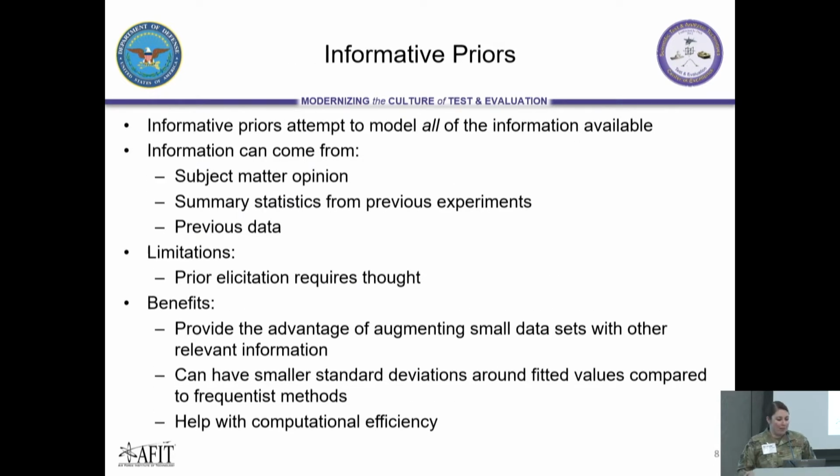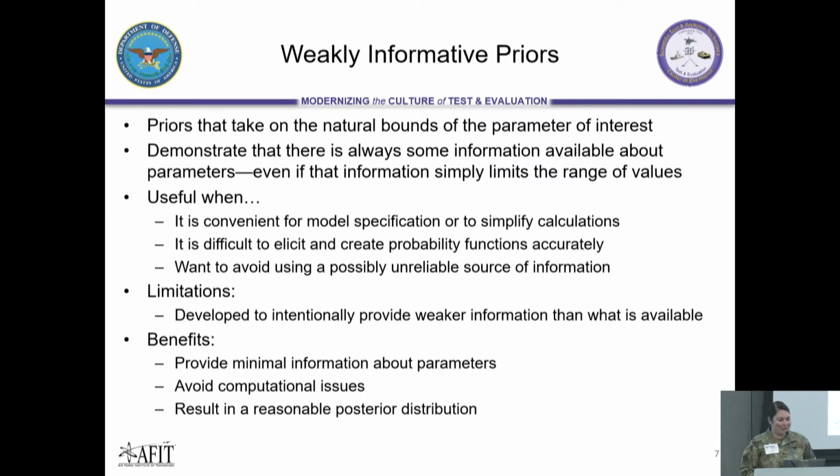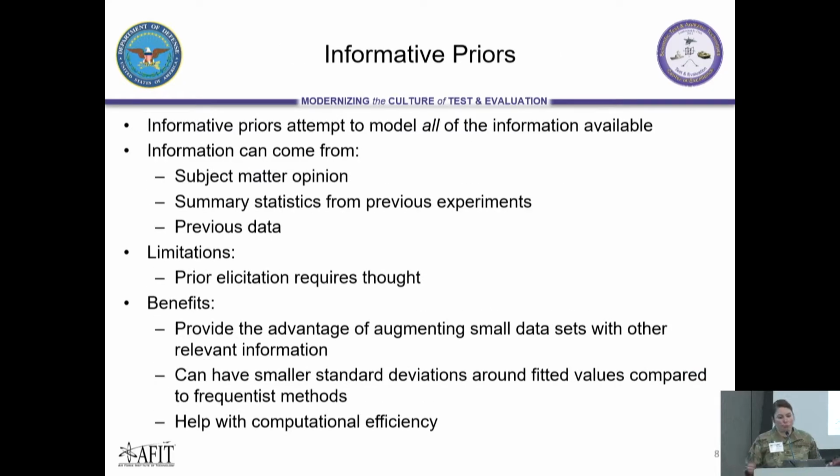With that, I can think about developing a weakly informative prior that says if I know the current technology is going to keep me at about 330 miles per hour, then I'm going to create a prior that says, okay, I want to incorporate 330, but I'm not going to incorporate values that go up to, say, 600 miles per hour because with the technology we have today, it's just unreasonable.